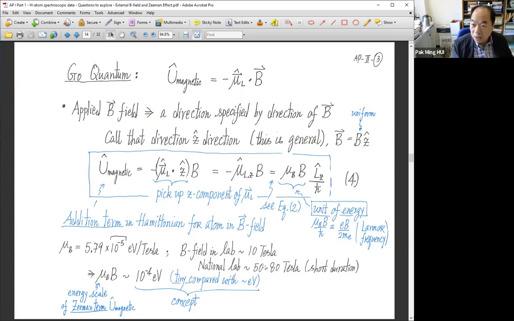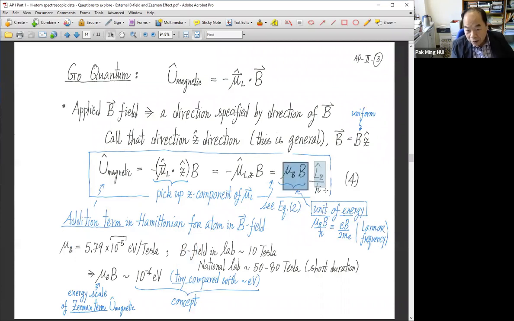Sometimes you can go to 100 tesla, but it's just a short duration, a so-called pulse. With this in mind, you multiply this into this kind of field. See, it all goes like this.